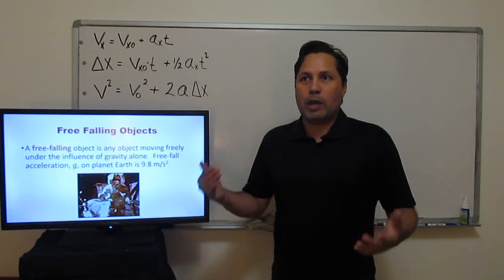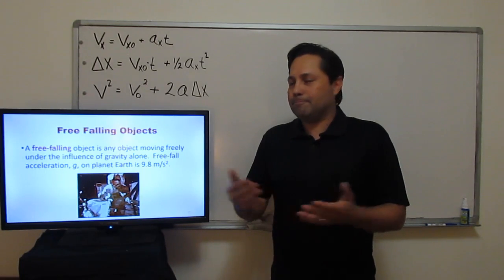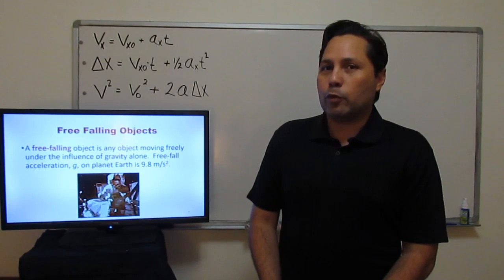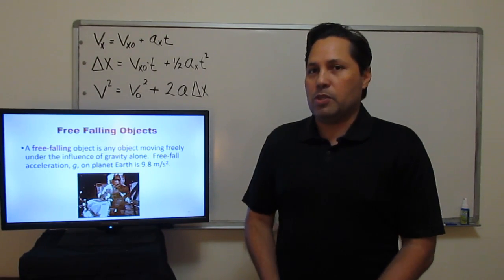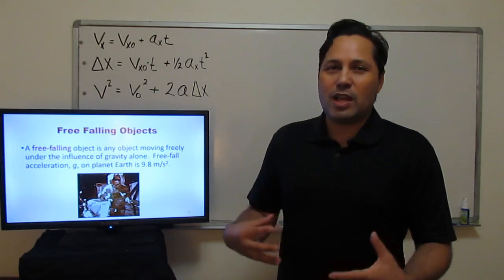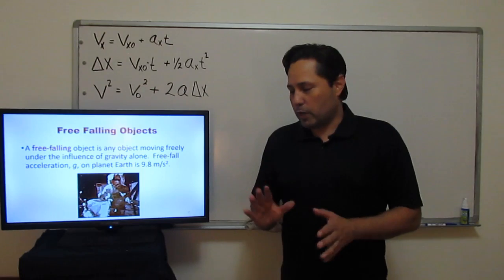Ideally, we should be doing them somewhere where there's no atmosphere, like the moon. But to keep it more realistic, we're going to look at planet Earth, and a lot of the time we'll end up ignoring air resistance. The problems will actually state to ignore air resistance, because yes, it plays a role, but it's small, so we're going to ignore it.